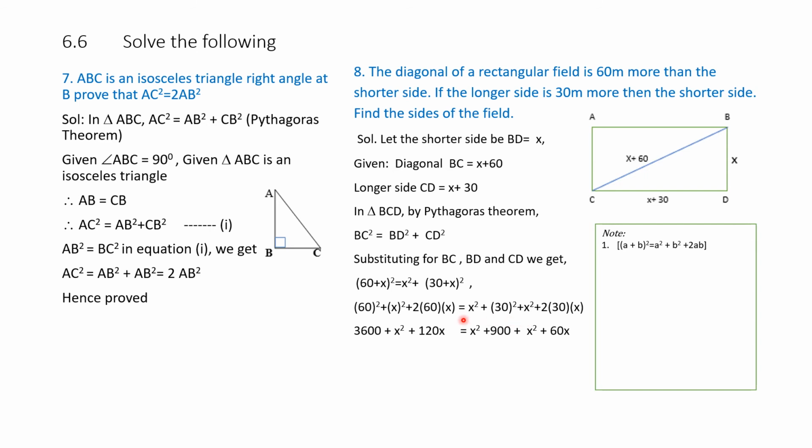Therefore, simplifying, we get 3600 plus x square plus 120x equals x square plus 900 plus x square plus 60x.